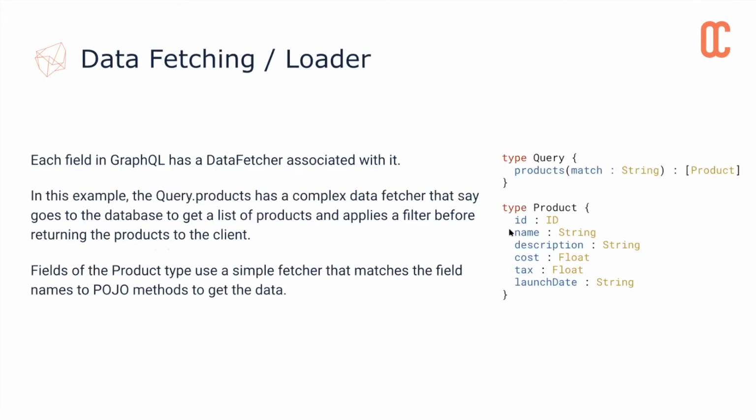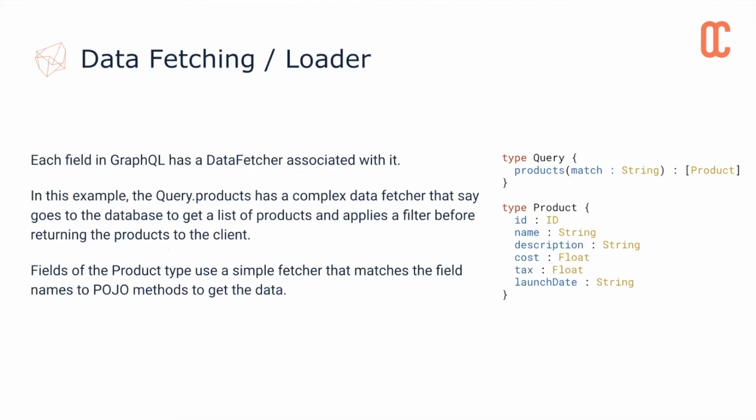Yeah, so as I said before, each field has a data fetcher. In this example we have the query, which is a special type that exposes the operations that you can perform on the other types in the schema.